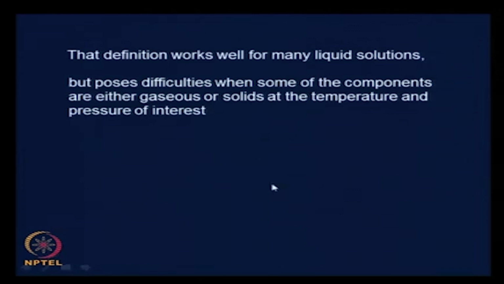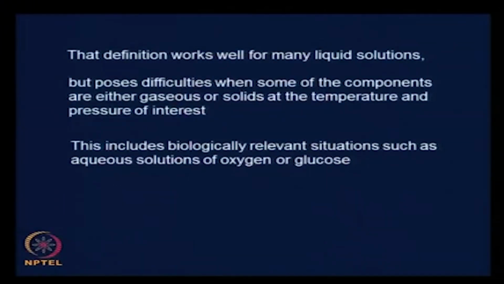It poses difficulties when some of the components of the solution are either gaseous or solids at the temperature and pressure of interest by themselves. In a solution they are in solution, whether a liquid solution or a solid solution, but they exist in a different phase when you consider them as a pure component. Why does this become a problem? It will become very clear now.